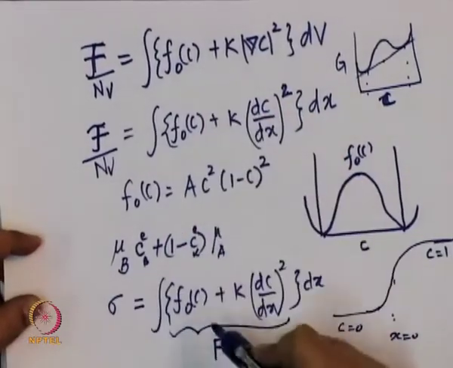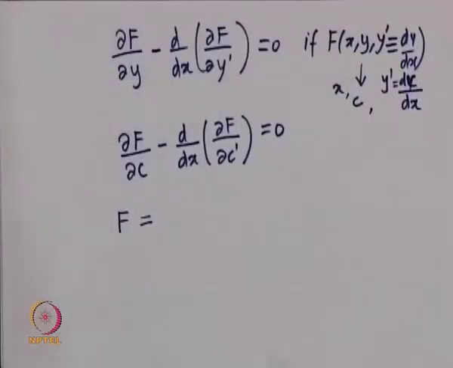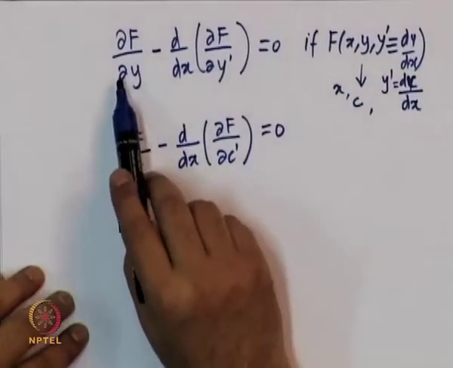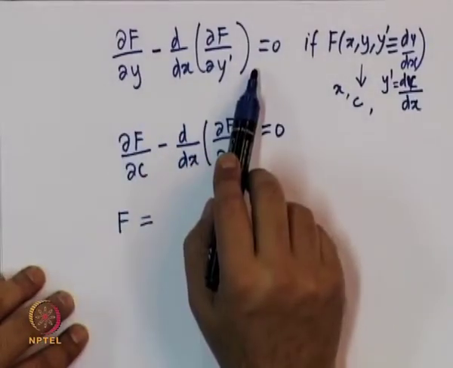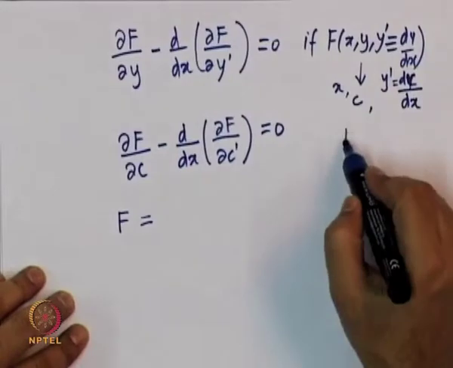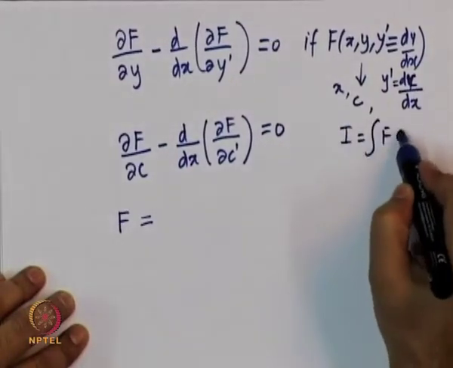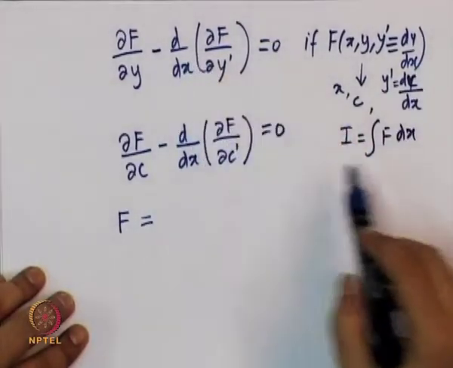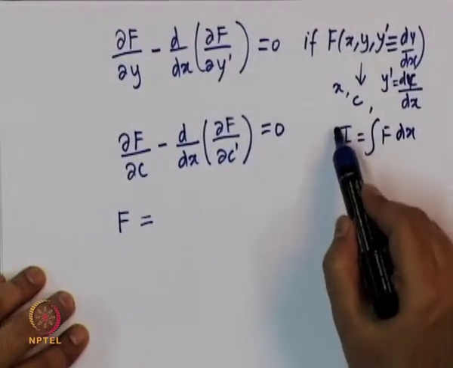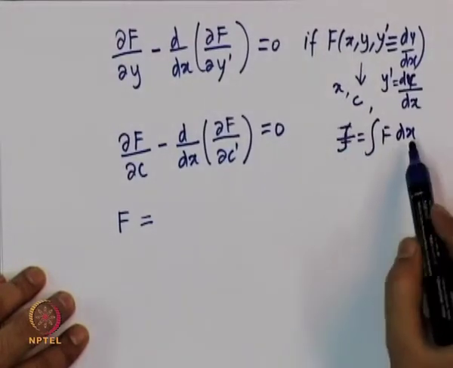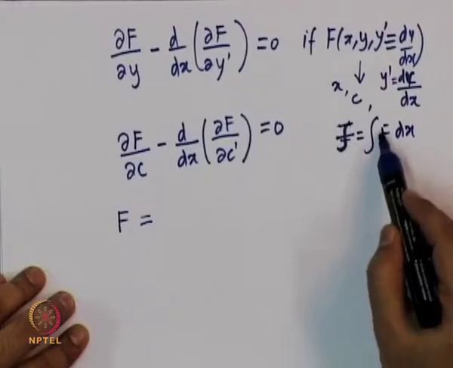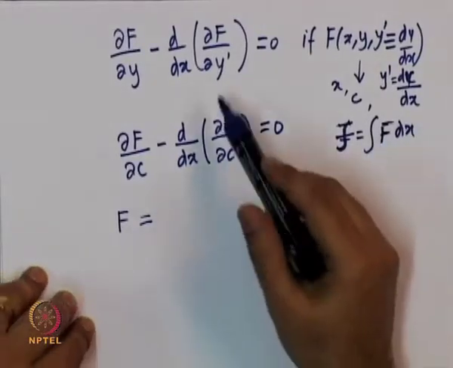So, the Euler Lagrange equation is written in terms of the integrand. When you have I equal to the integral of f dx, then that is the Euler Lagrange equation. So, in our case we call this capital F or script F, and this is the integral of f dx.